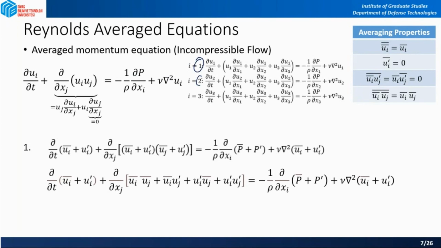So we have three components of velocity, u1, u2, u3. In other words, if you write it for all three velocity components, you will have these three equations here.